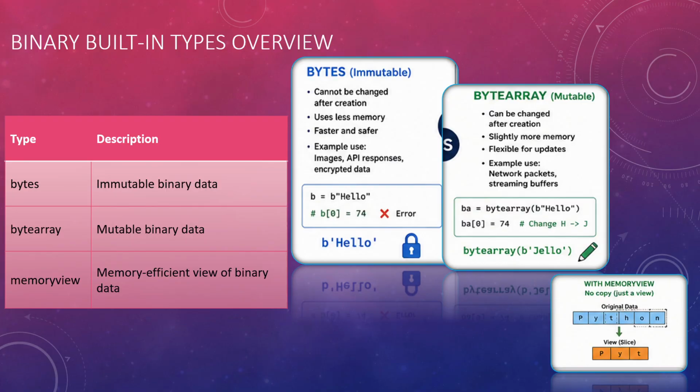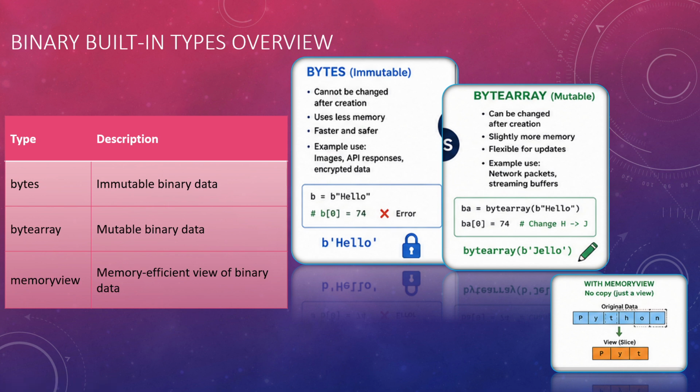Binary built-in types are of two types: bytes and bytearray. Memoryview is not a data type, but I will be covering it also. It is a built-in class given by Python.